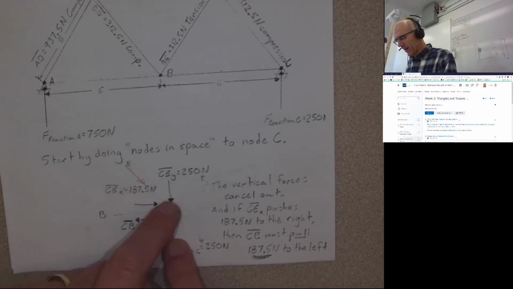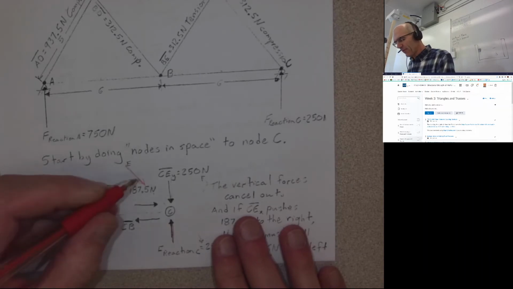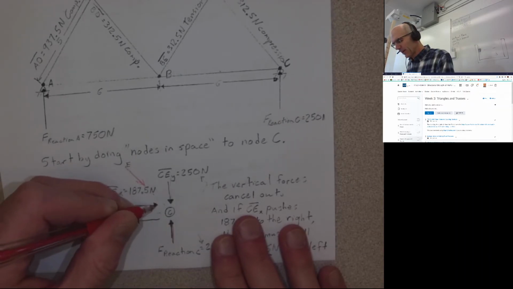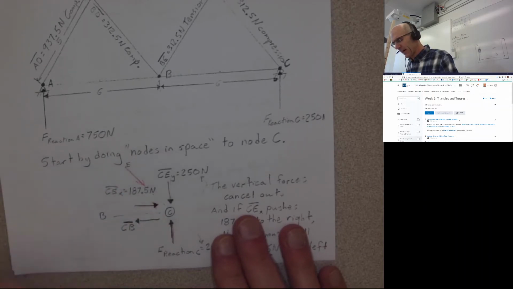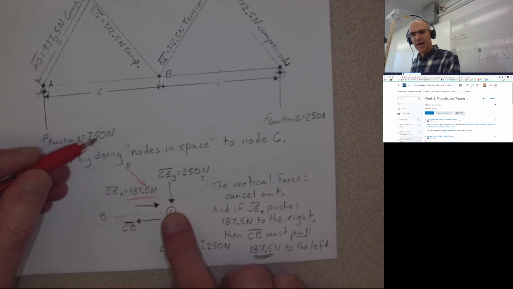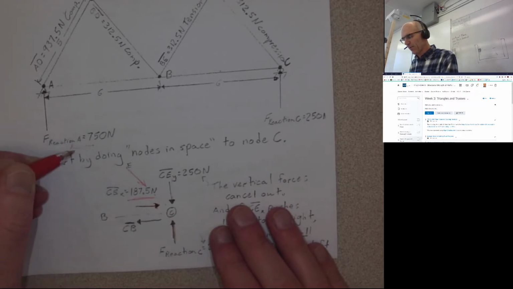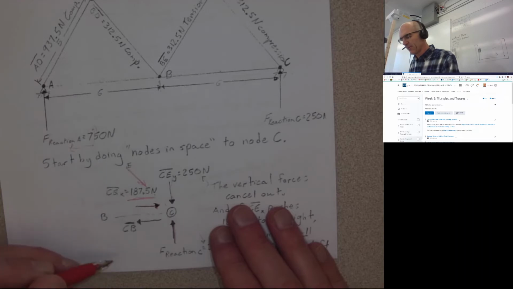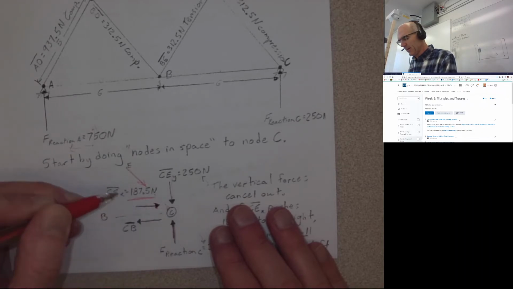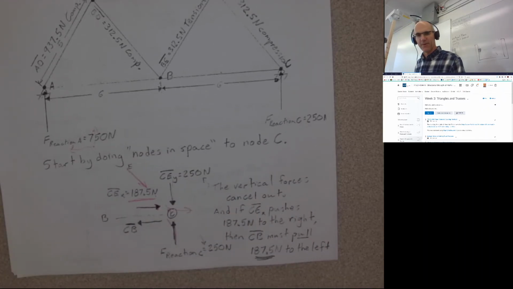And that's what balances out the 250 newtons of reaction force in there. So that's coming down right in there. And when it comes down that way, it's got a horizontal component. And we've already calculated that horizontal component to be 187.5. When we were looking at the forces in that member, we resolved them up here. It was pushing this way with 187.5 and up with 250. That means down here, it's pushing this way with 187.5 and down with 250.